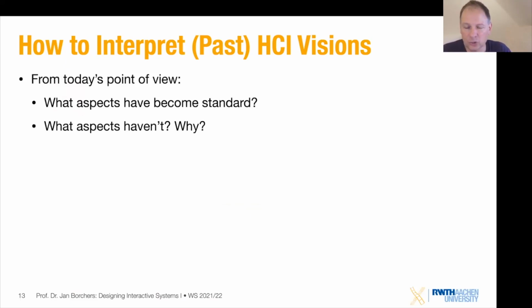So what's normal today and what totally disappeared, or what was done completely differently from how they were imagining it, because of course these things will be wrong. And sometimes you will see visions where you'd say, actually, even today, we haven't reached that yet. And these visions we're seeing are like 40 years old, or 30 years at least. So we should expect these things to have happened, but not all of them have.